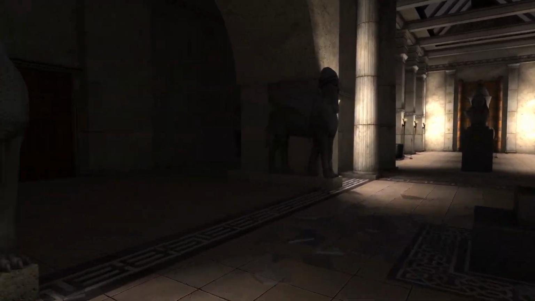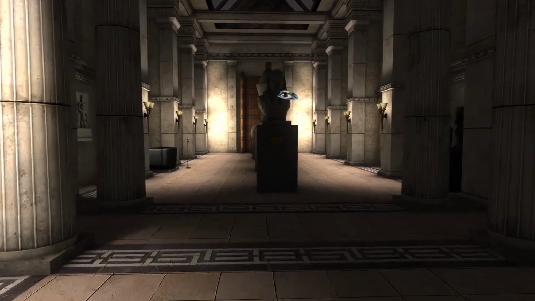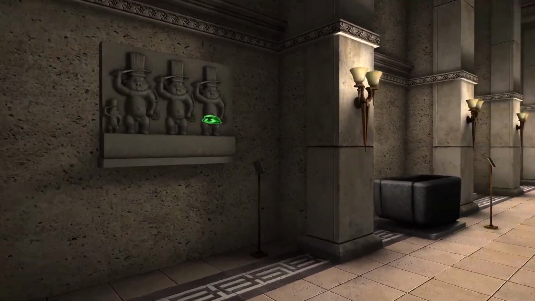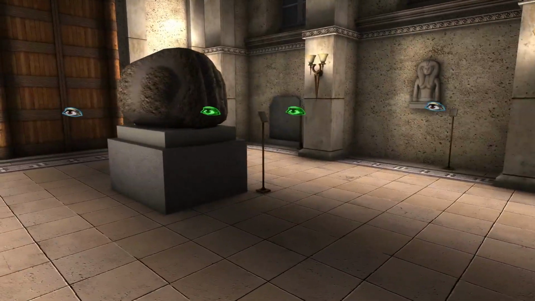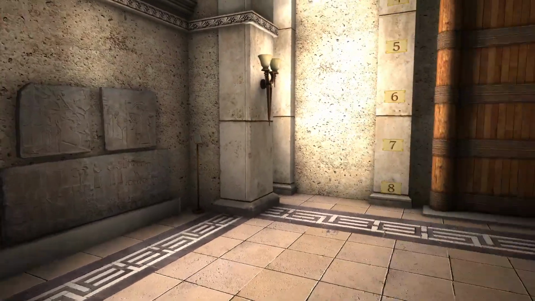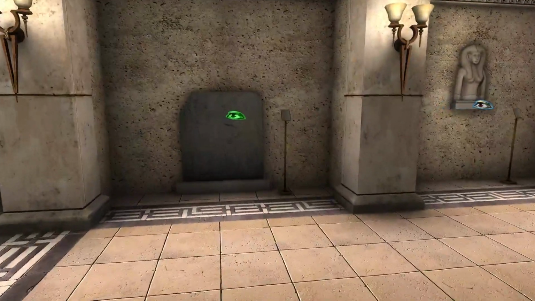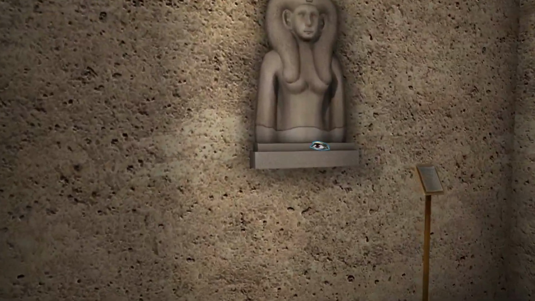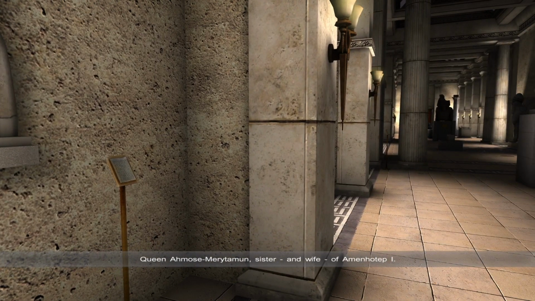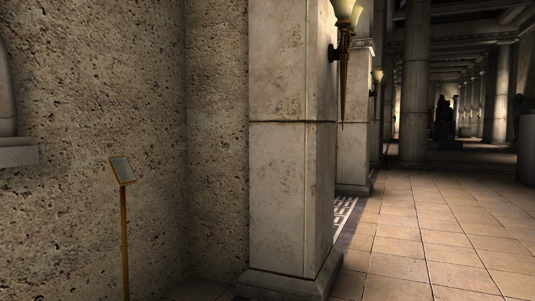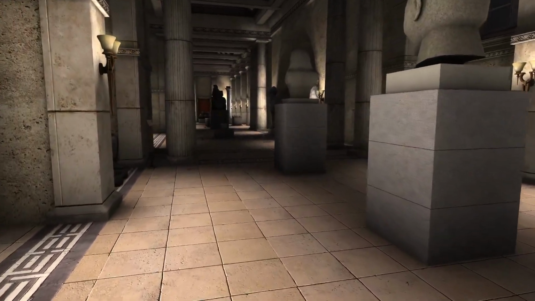There's definitely a ton of Egyptian gear in here, so I have to assume it's in here somewhere. Queen Ahmose-Meritamun, stela, sister and wife of Amenhotep I. Stela. I mean, maybe it's on the other side?